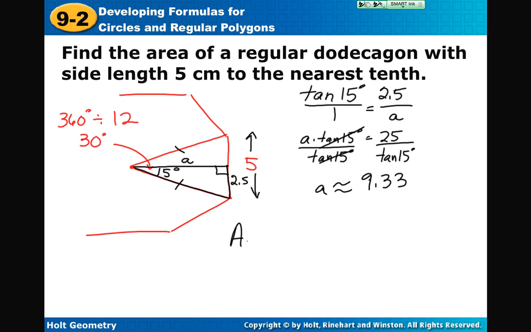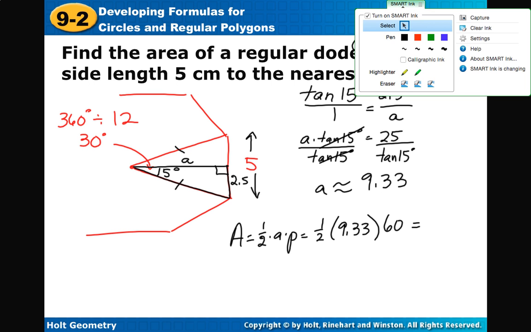So to find your area, you were doing 1/2 times 9.33 times 60. And that was found by taking 12 times 5. So your area is 279.9 square centimeters.